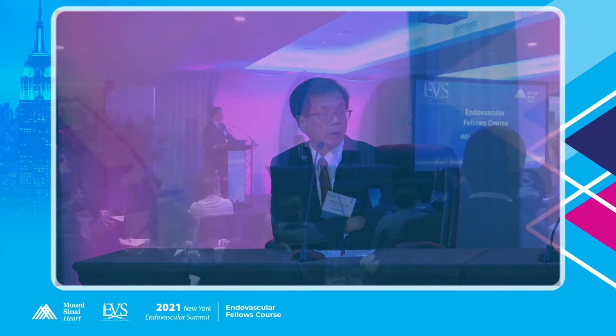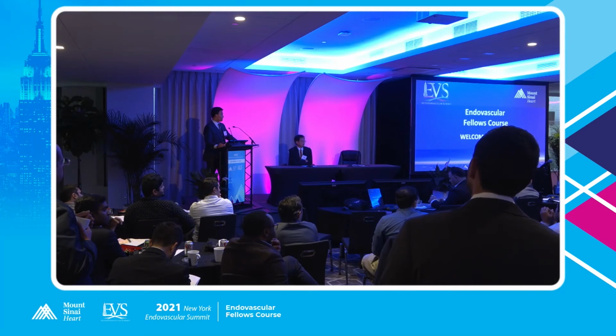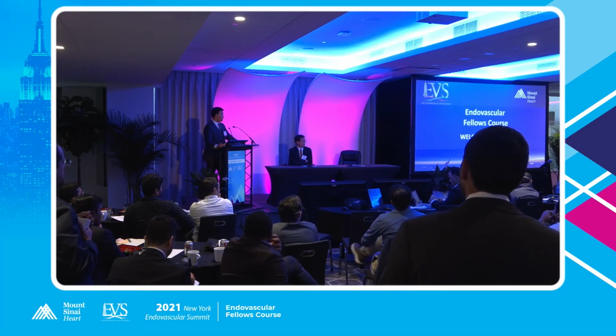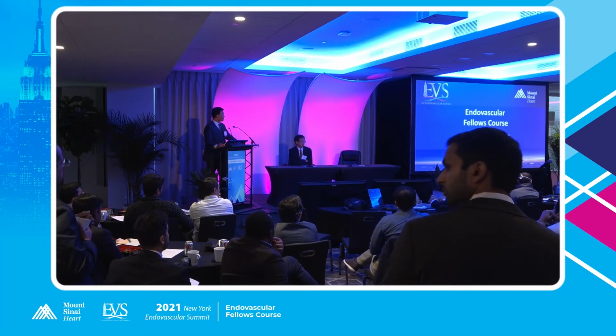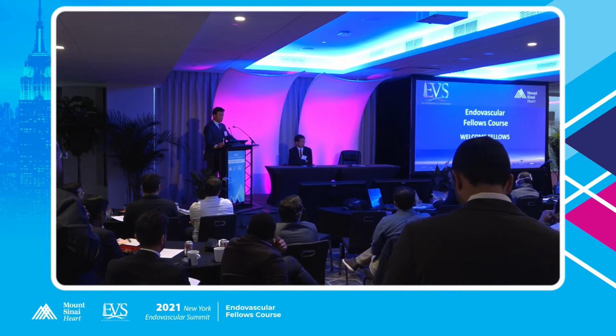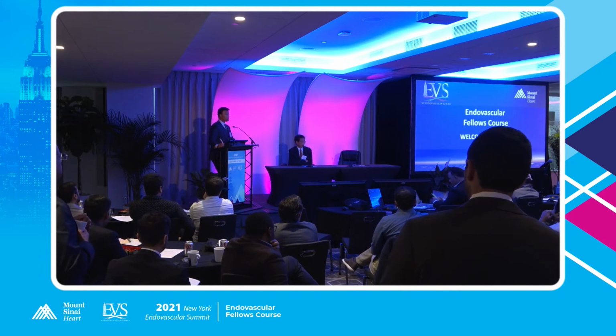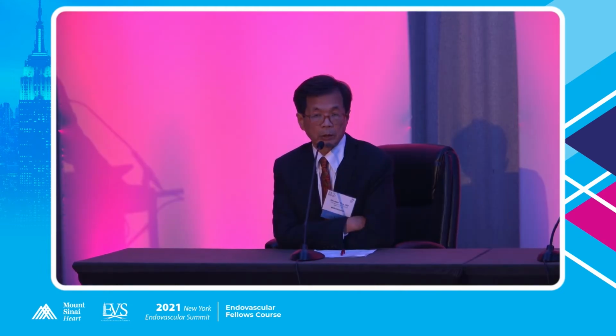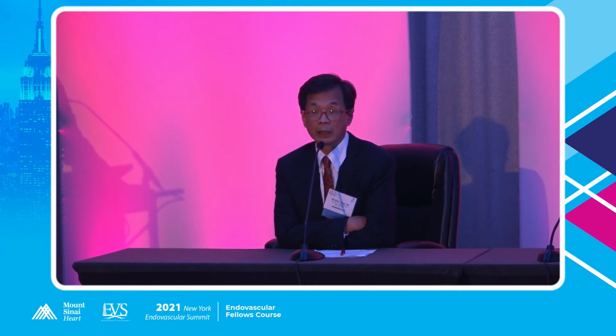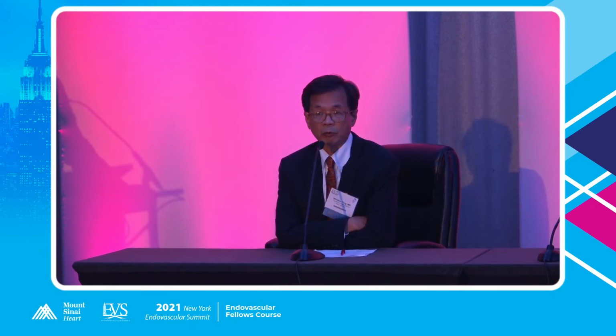How long do you anticoagulate the patient afterwards? Do you do lifelong, or is it 3 months, 6 months? If I put a stent in an acute DVT case, I would put the patient on anticoagulation for a pretty long period of time, at least 6 months, more likely more than a year or longer. It also depends on the reason for the DVT.